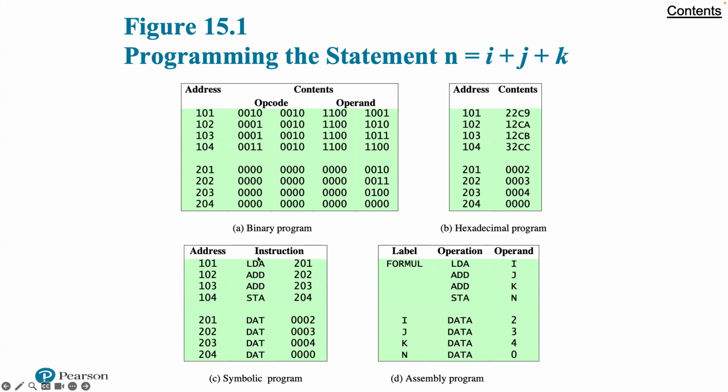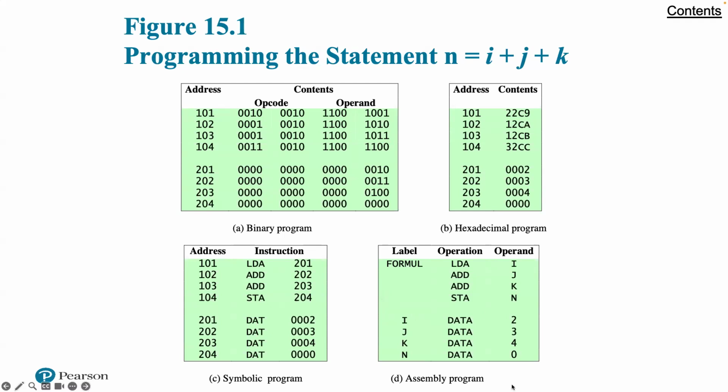So we have 4 different commands, and for this simplistic way of coding it, this is data. We actually have 4 variables, I, J, and K, and the output goes into N. And so this is now an assembly program.